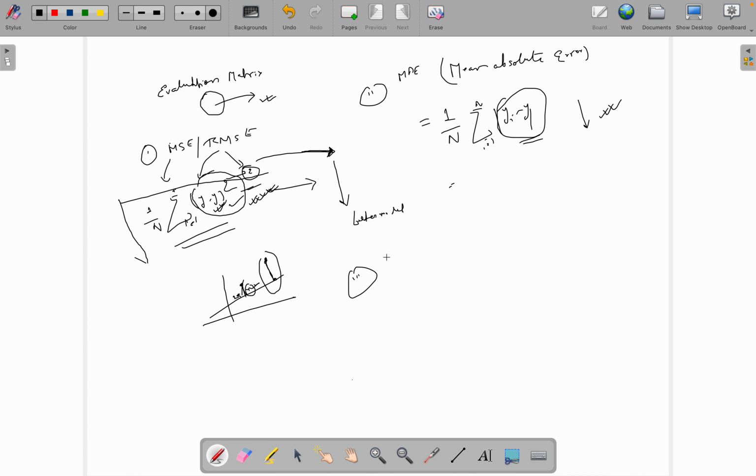Okay, the third one and the most important one is R square and adjusted R square.